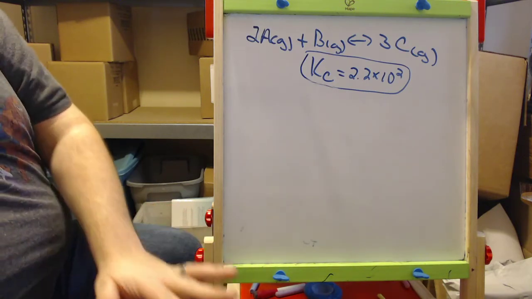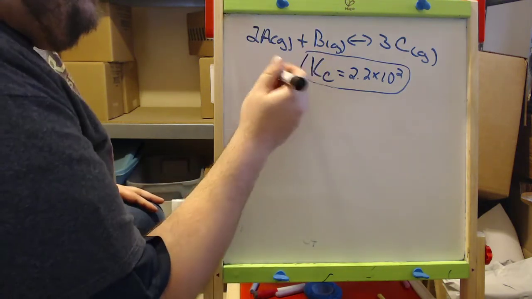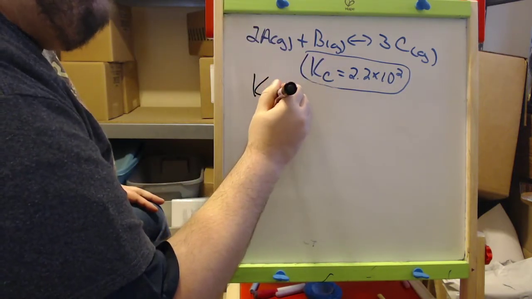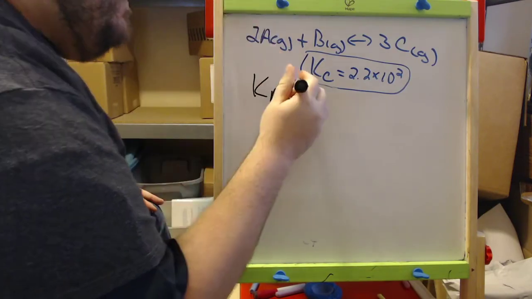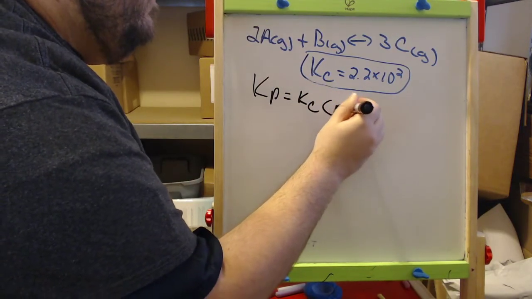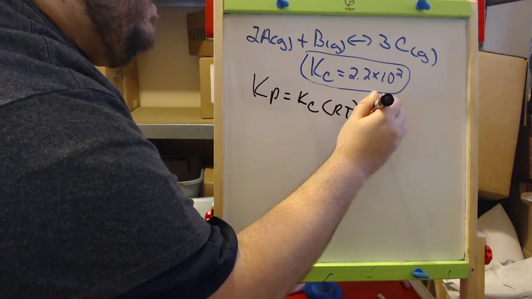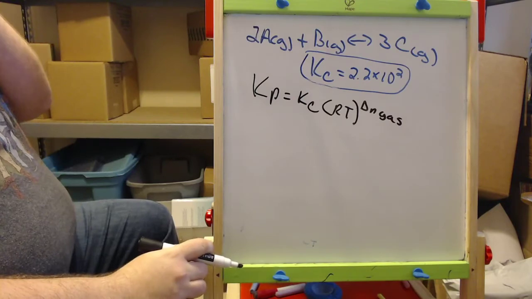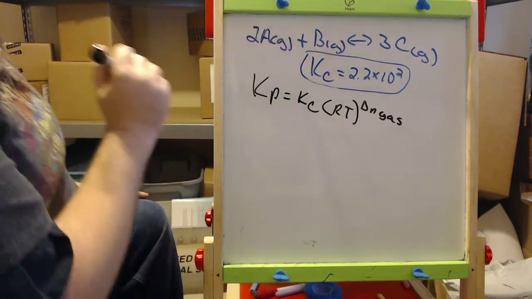I want to find Kp, so I'm going to write out my formula: Kp equals Kc (RT) to the delta n gas.